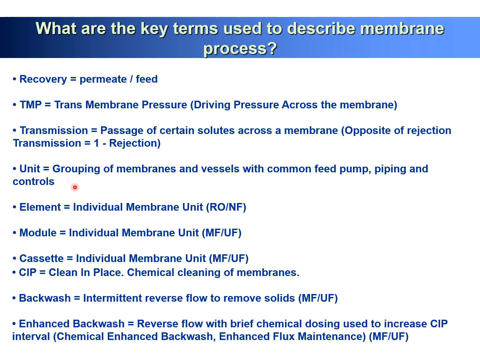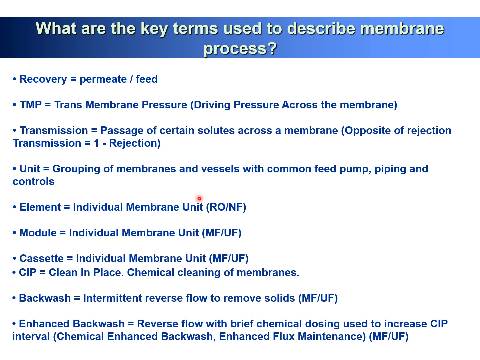A unit is a grouping of membrane passes with common feed pump, piping, and controls. An element is an individual membrane unit, and a module is also an individual membrane unit, but this terminology is utilized for porous membranes, microfiltration, and ultrafiltration.